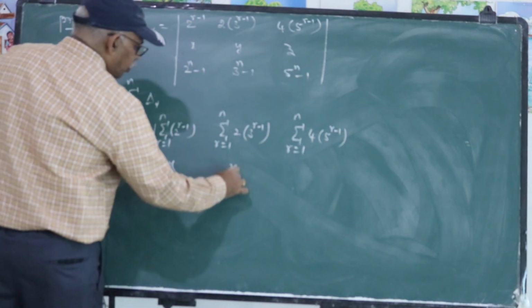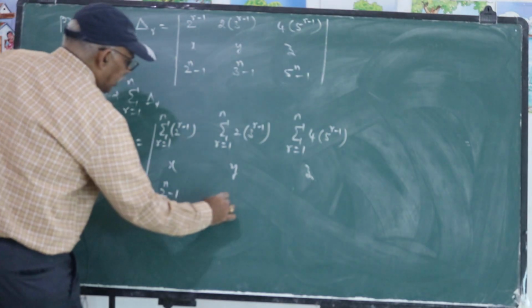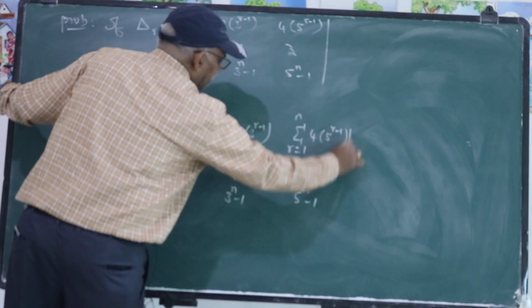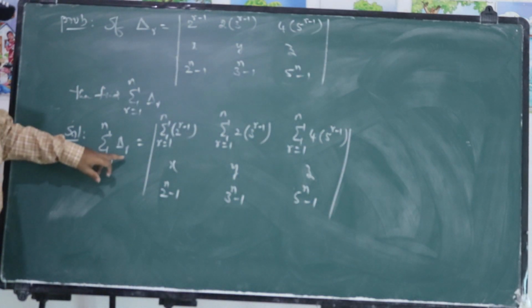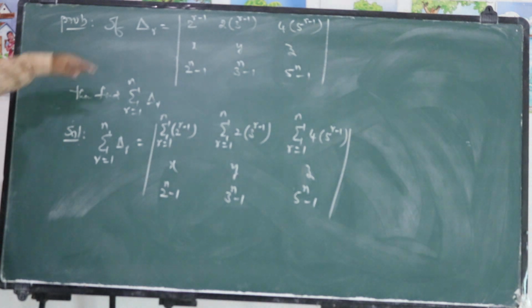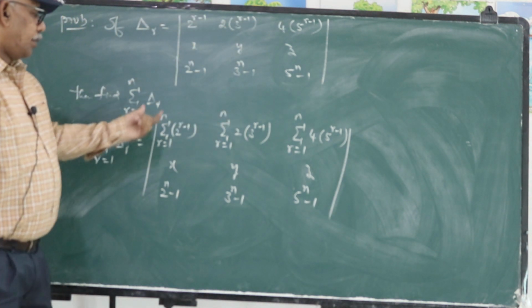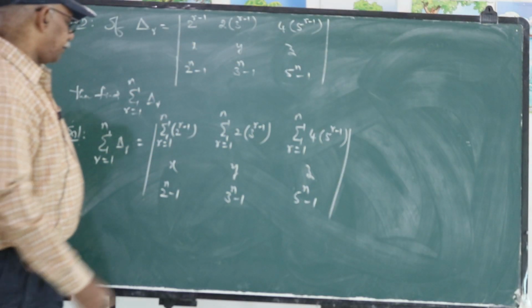The remaining two rows are similar because they do not depend on r. Hence, the summation is applicable only to the elements involving r. Here only first row elements involve r.